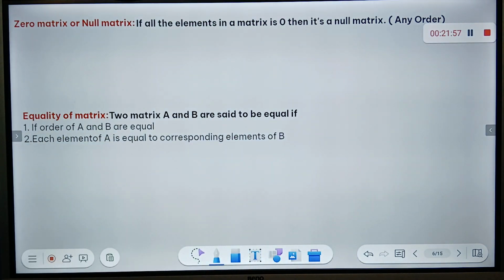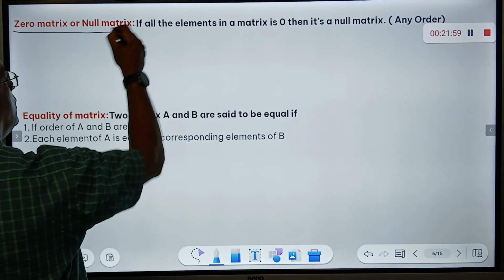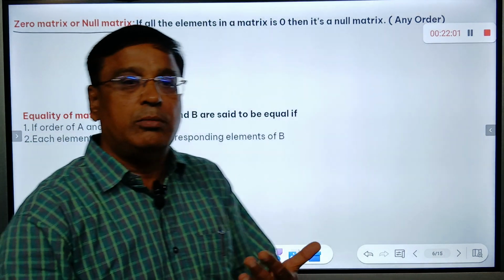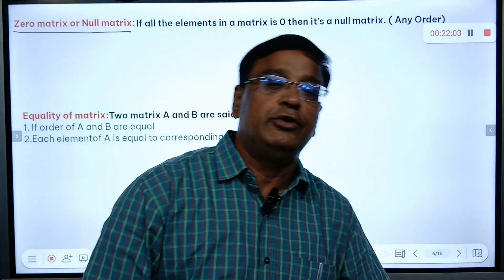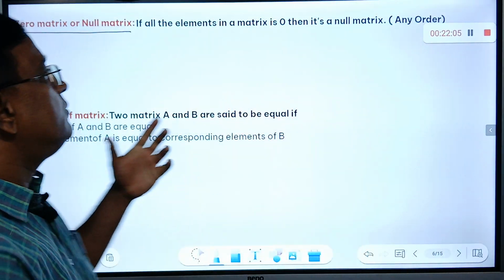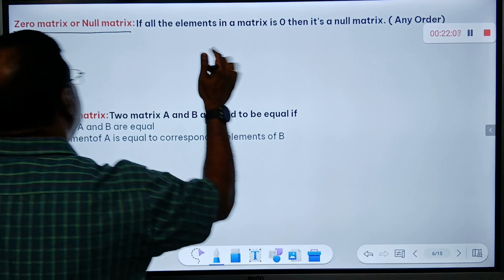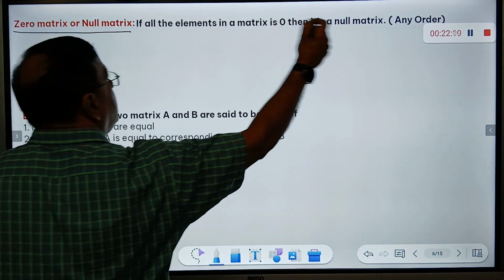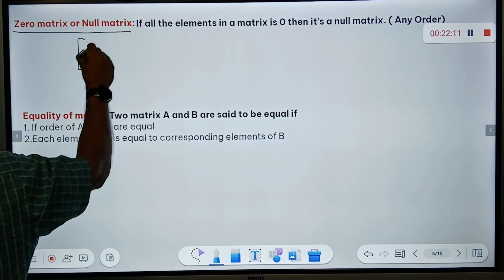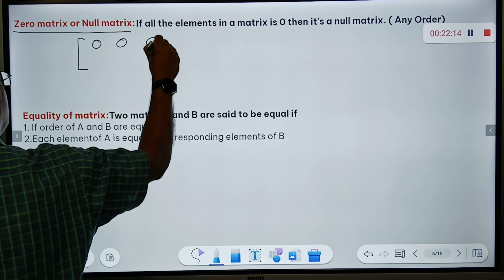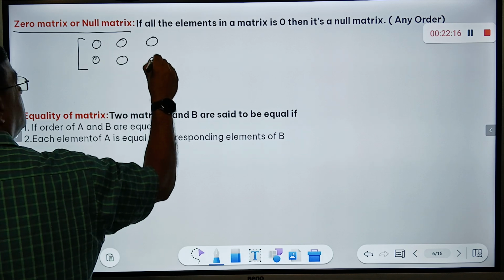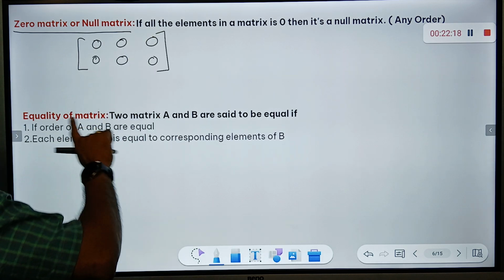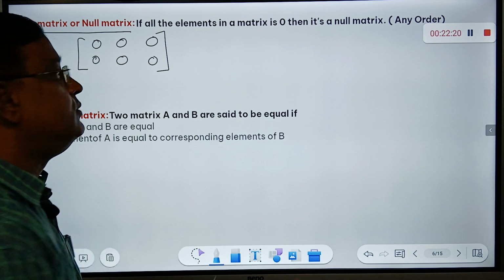Next one, a very simple definition. When we talk about the multiplicative identity, we should talk about the additive identity, something similar, not exactly. Now, what is a zero matrix or null matrix? It can be of any order, but all the elements must be 0.